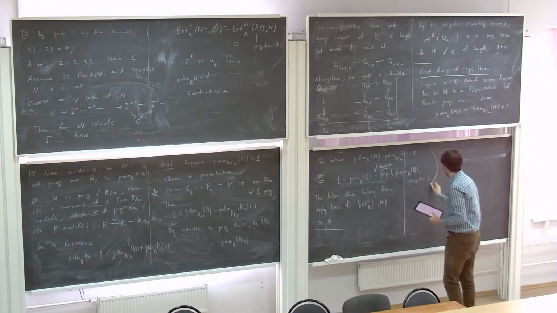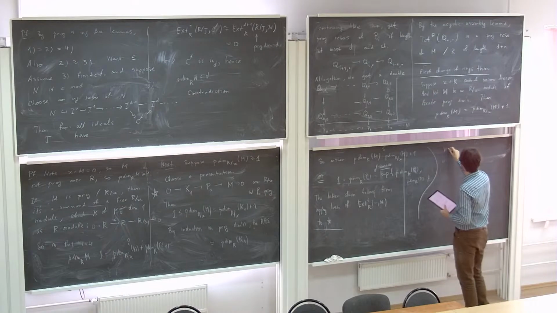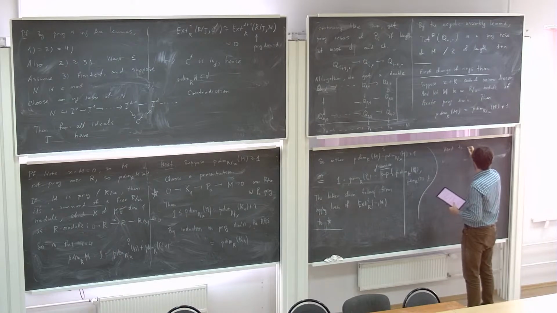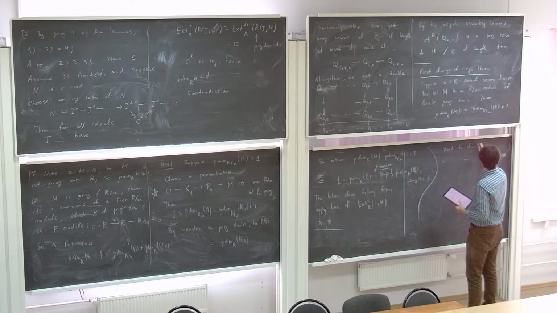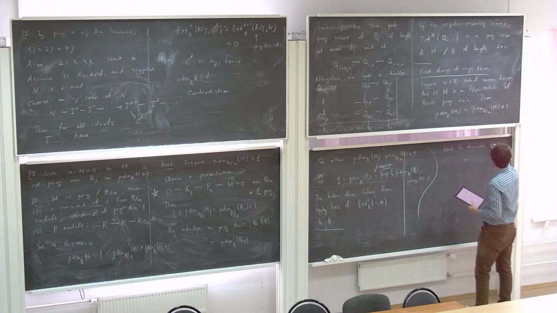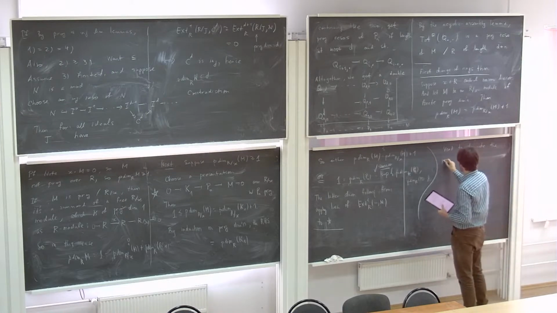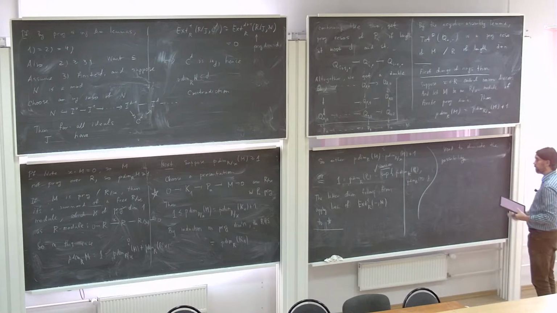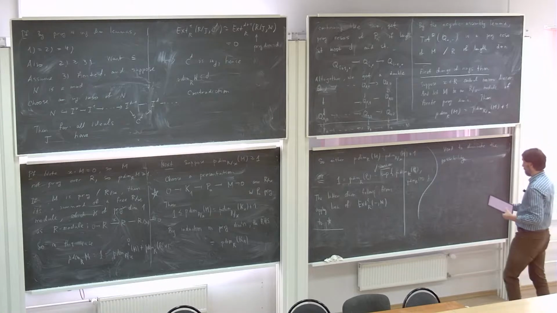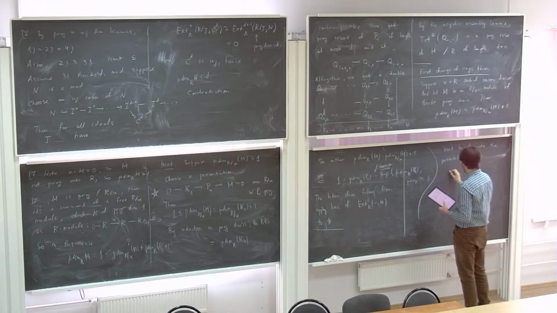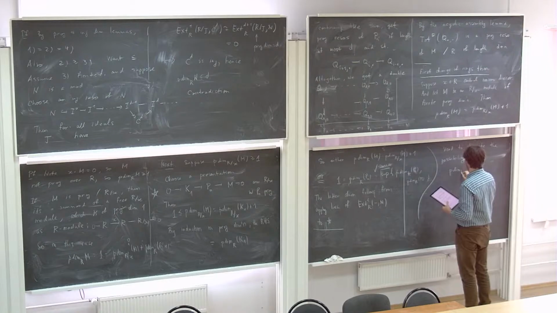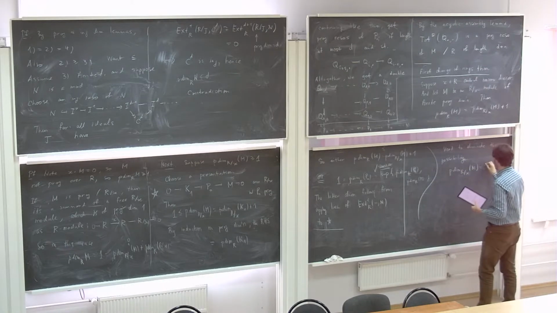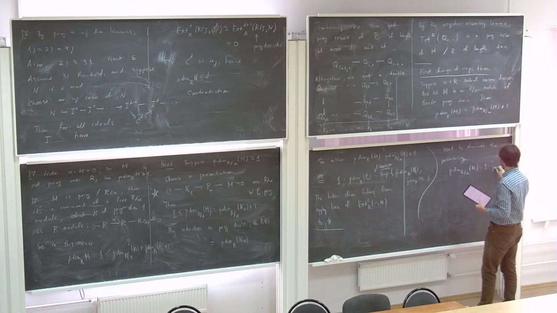Okay. So we need to eliminate the following possibility: that the projective dimension of this over this did not change, was equal to 1 and did not change.